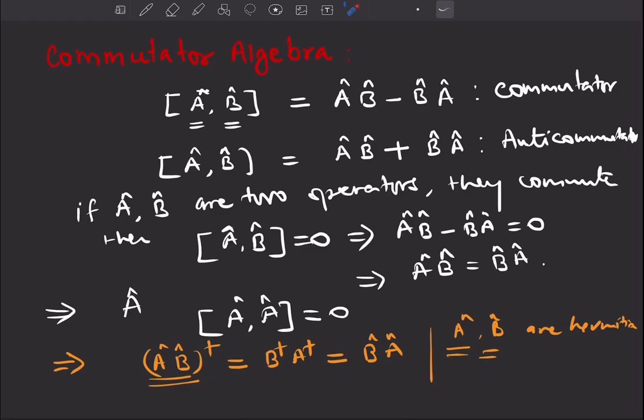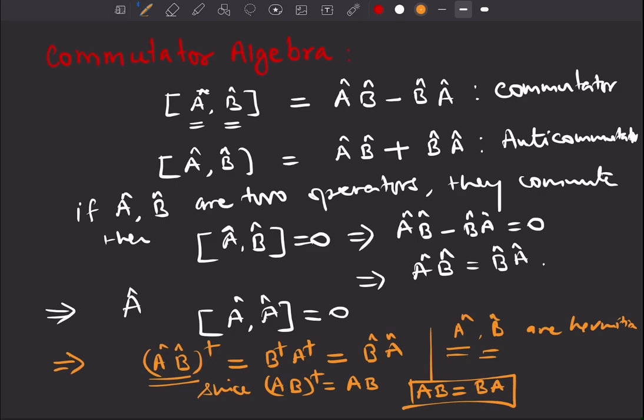And since (AB) dagger is equal to AB, as their product is Hermitian, we have AB is equal to BA from this and this.